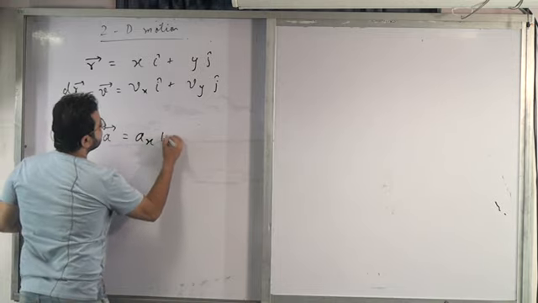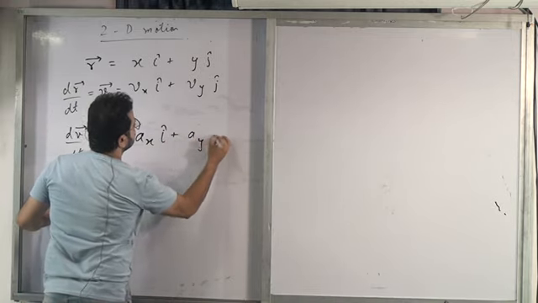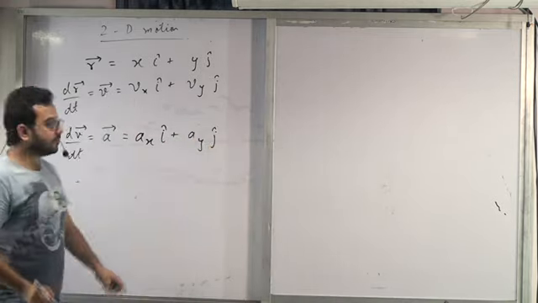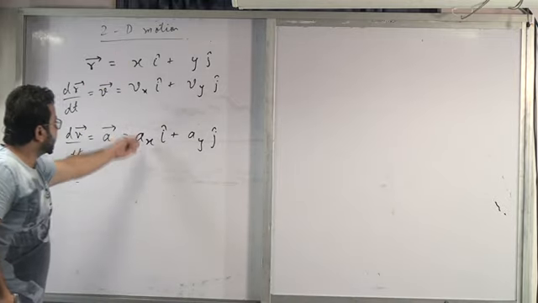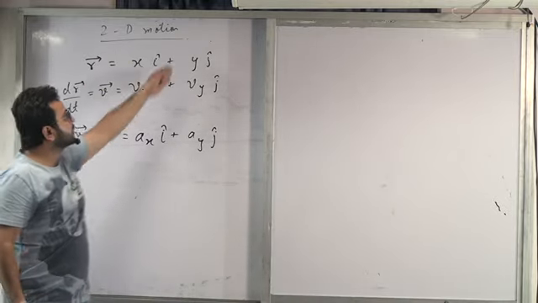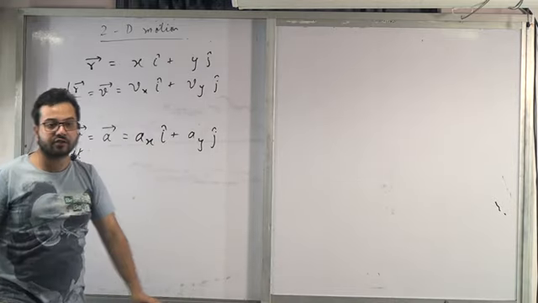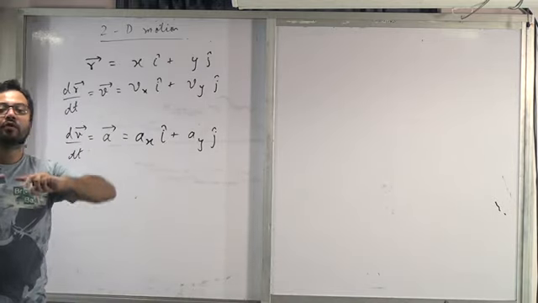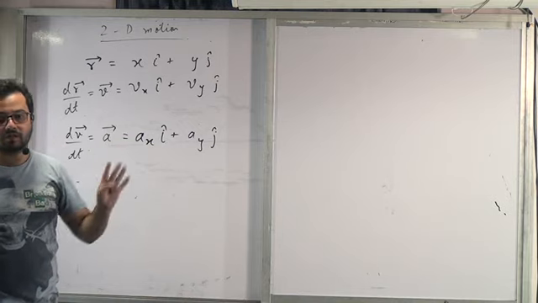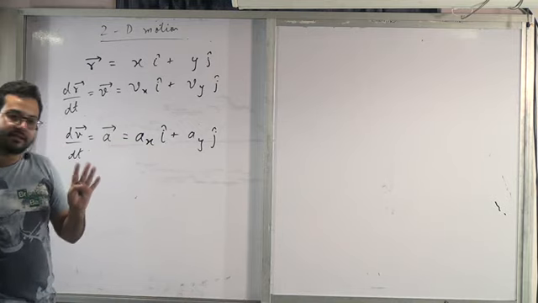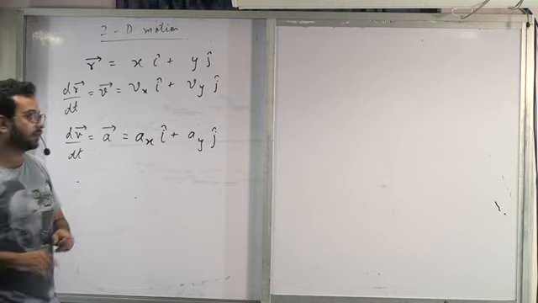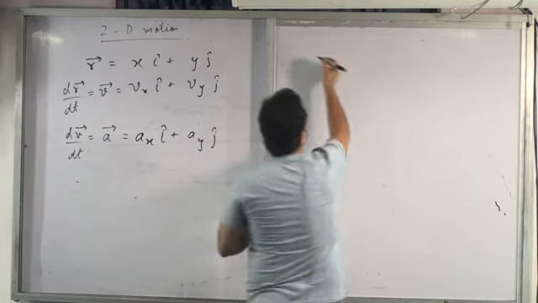I get ax i cap plus ay j cap. Is that clear? So what do you see? The x component has nothing to do with the y component, and the y component has nothing to do with the x component. So all we need to do is resolve the vectors in x and y directions and treat them independently. That's it. Is that clear? Okay, let's take an example.